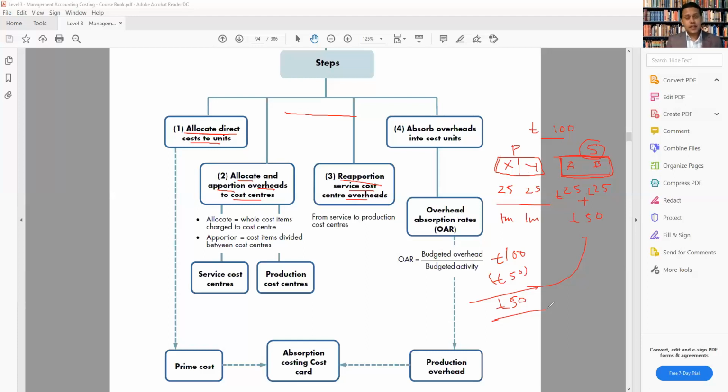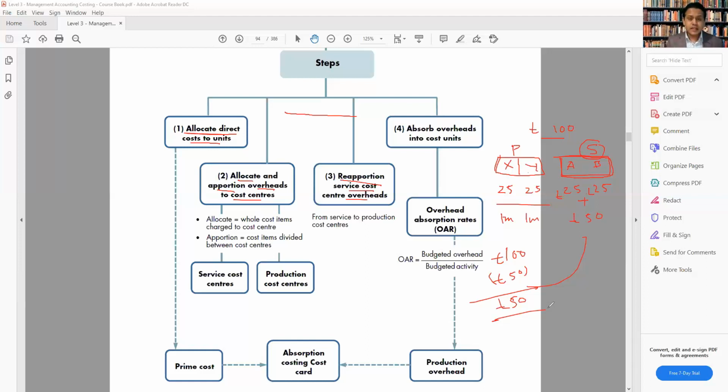For example, let's say you have an office, you have a production center, and they have a canteen as well, and they give free breakfast or free lunch to the employees. Now the canteen department has a cost. Who is going to bear this cost? Obviously the canteen doesn't have an income because they don't charge the employees.